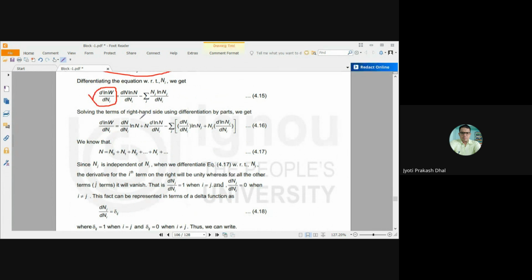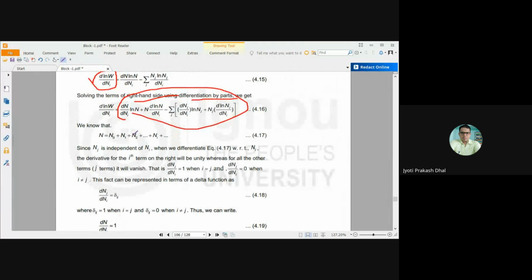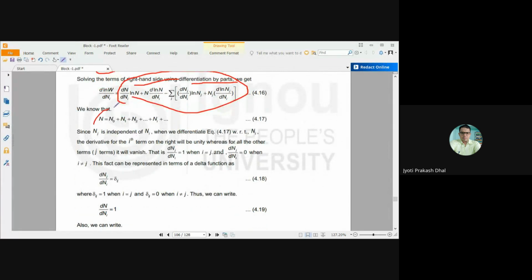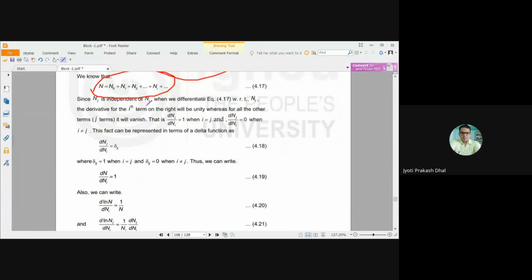Now solving the terms on the right hand side using differentiation by parts, we take the total number of particles as N, and nj is independent of ni.